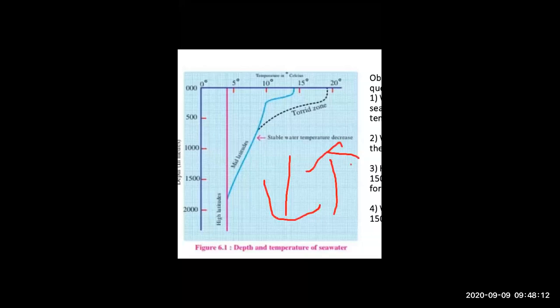Again, whenever there is a warm ocean current, the surface temperature is more. And whenever there is a cool ocean current, the surface temperature is less.